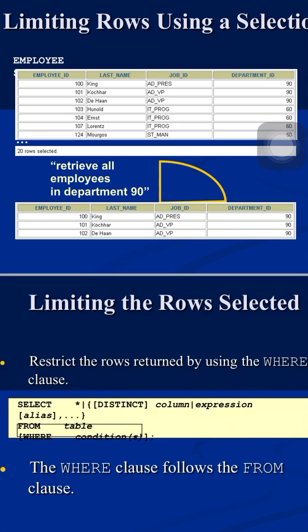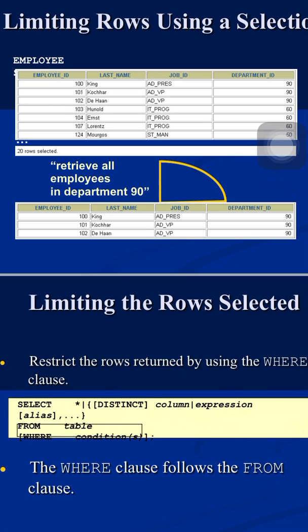You may have conditions or you may not have conditions. If you don't have conditions, we will not write the where clause. But select and from are mandatory clauses in any SQL query. So where is optional, that's why it is written in brackets in the syntax. And the sequence is that you write this where clause after your from clause. So first you write the select clause, then the from clause, and then the where clause.